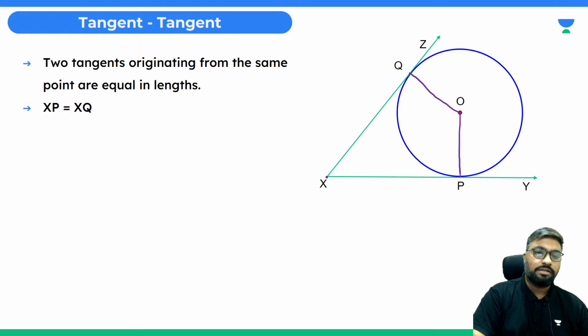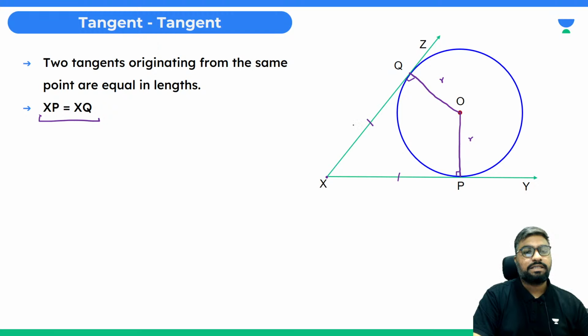Since OQ and OP are equal, R and R, if you close this up, this will become an isosceles triangle. So this is perpendicular, this is perpendicular. Automatically you get XQ and XP equal. Got it? Clear?